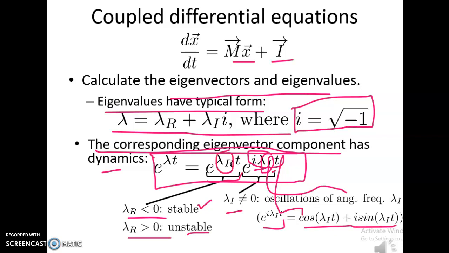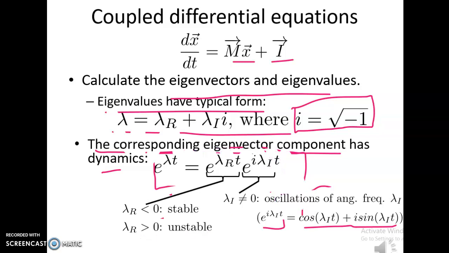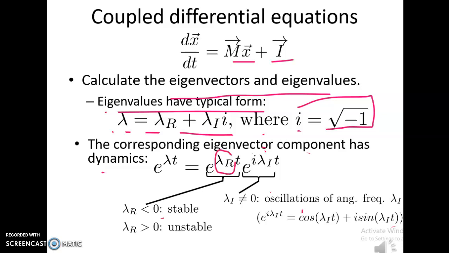Here lambda_r less than 0 means stable. If greater than 0, it means unstable.